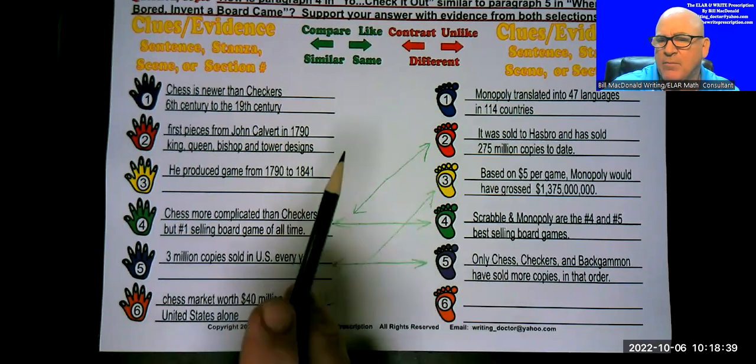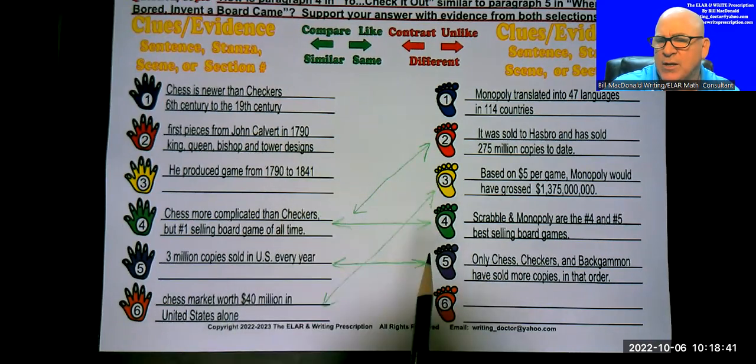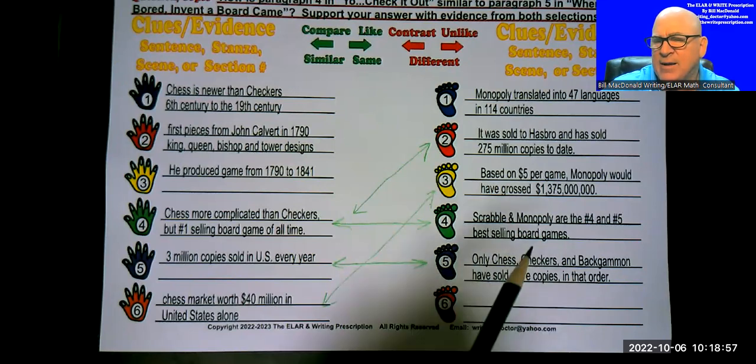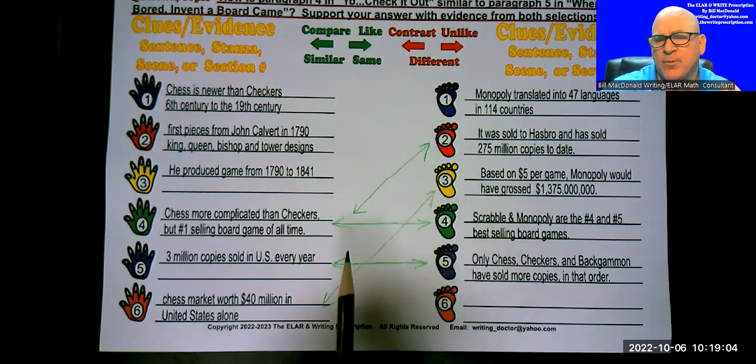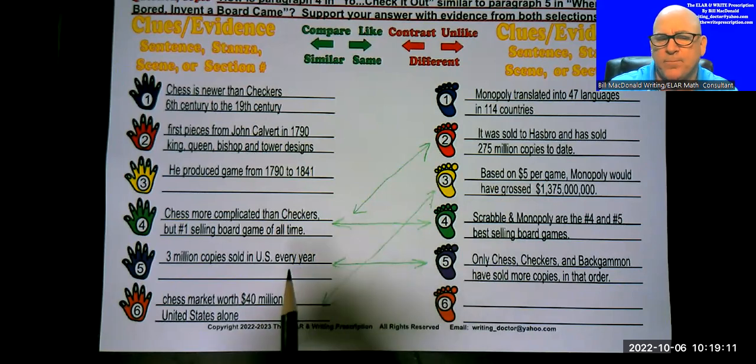On the game Monopoly, only chess, checkers, and backgammon have sold more copies, in that order. So chess, checkers, backgammon, Scrabble, and Monopoly are the 5 best-selling board games in that order. So you could talk about how popular the games are. How do you know that they're popular? Well, if something sells that many copies, then it's very popular.